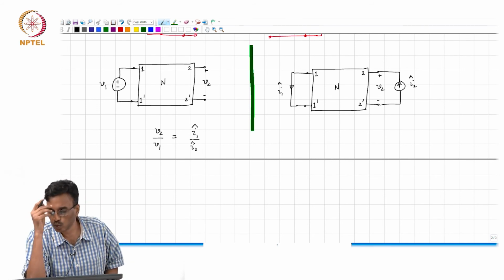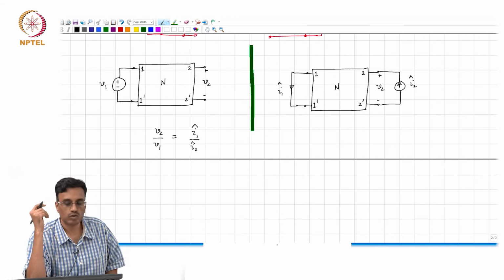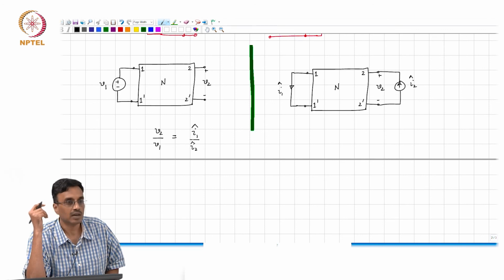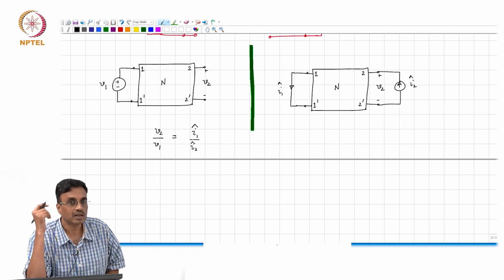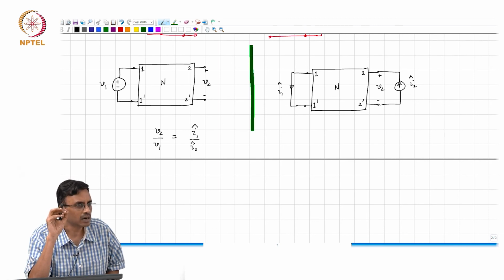Whenever you do this, you will always be in good stead if you run the sanity check, namely when you de-energize the sources, the graphs must be the same. We said already that N only consists of resistors, and impedances, right?